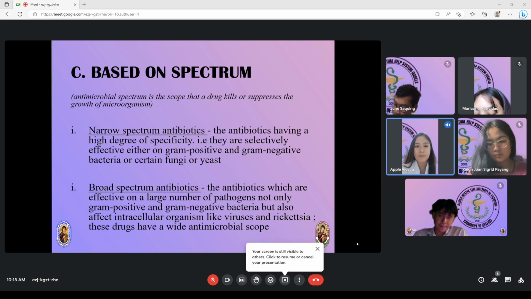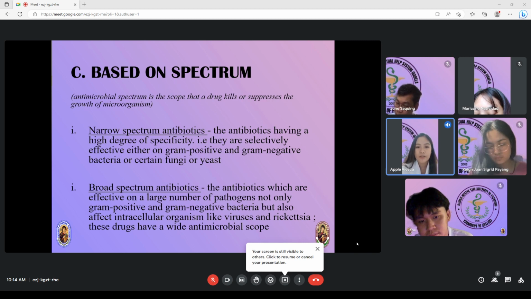Classification based on spectrum. Antimicrobial spectrum is the scope in which a drug kills or suppresses the growth of microorganisms. First is the narrow spectrum antibiotics. These antibiotics have a high degree of specificity. They are selectively effective on either gram-positive or gram-negative bacteria.